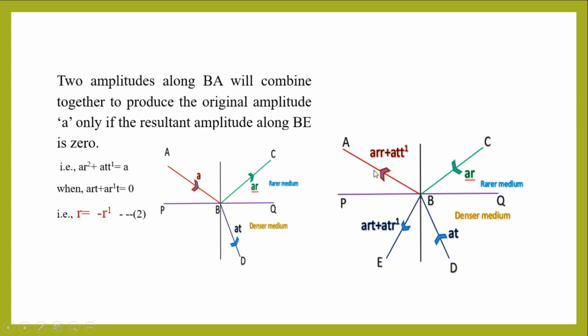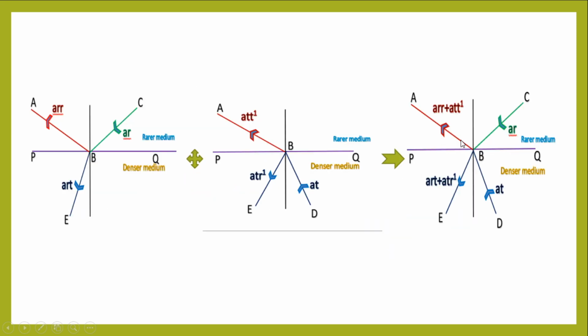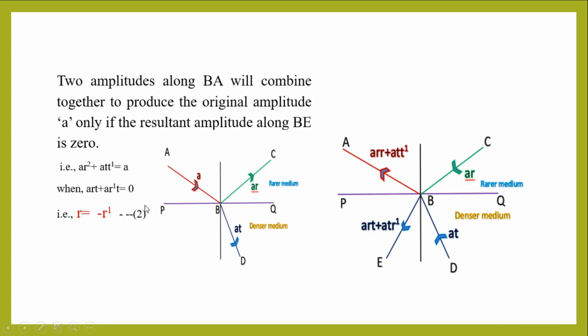Now let us compare this resultant diagram with the initial diagram. So here we can clearly write that two amplitudes along BA will combine together to produce the original amplitude A only if the resultant amplitude along BE is 0.